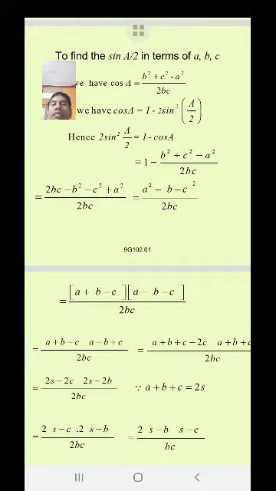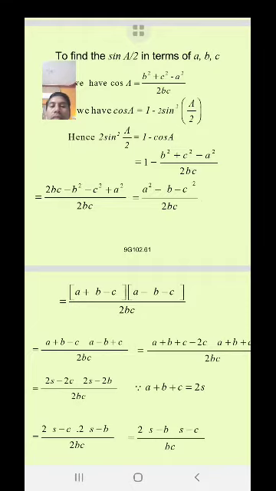So a square is written as it is, and minus already taken common, so it is (b minus c) whole square. That's why we were confused about how the factors came. So b minus c is in the bracket, but the bracket is not printed. Now b minus c is considered as b, then it is in the form of a square minus b square. A square minus b square means (a plus b) into (a minus b), so that it is divided into two factors.